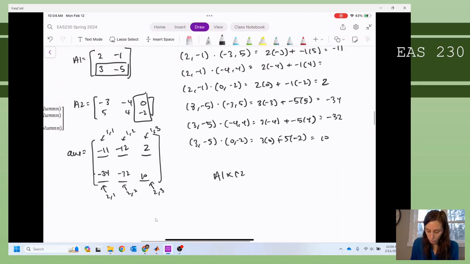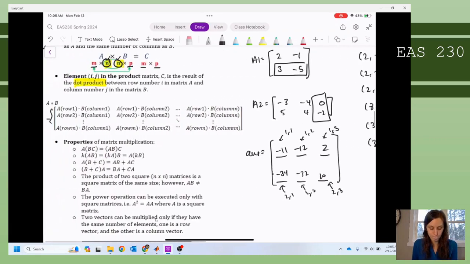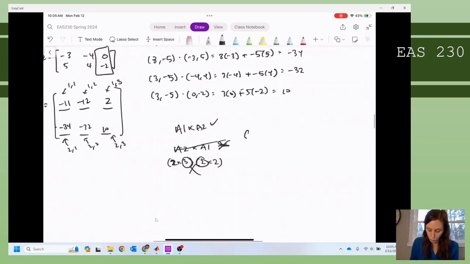A1 times A2 is possible, but A2 times A1 is not possible. Cannot do this because A2 is a 2 by 3, A1 is a 2 by 2. This does not match this, so therefore I cannot do my matrix multiplication between A2 times A1. So order matters when it comes to matrix multiplication.